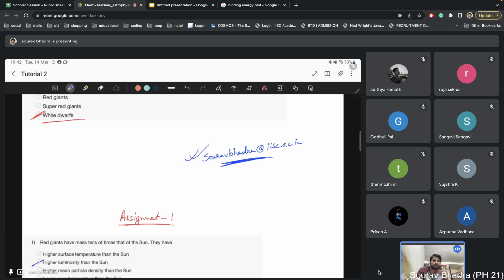Sanghavi, can you tell? Some of the students are just attending, I think. So Sujata K. Yes, sir. Good evening. Periyar University means Kerala, right? Okay, Tamil Nadu, sorry. So you are in which year?